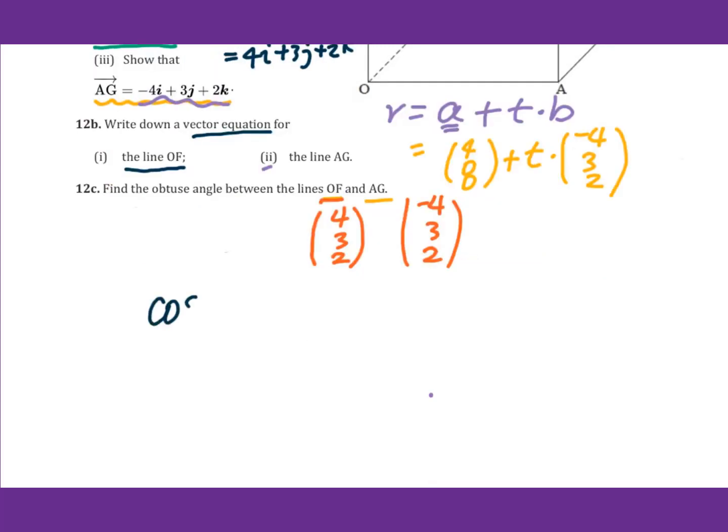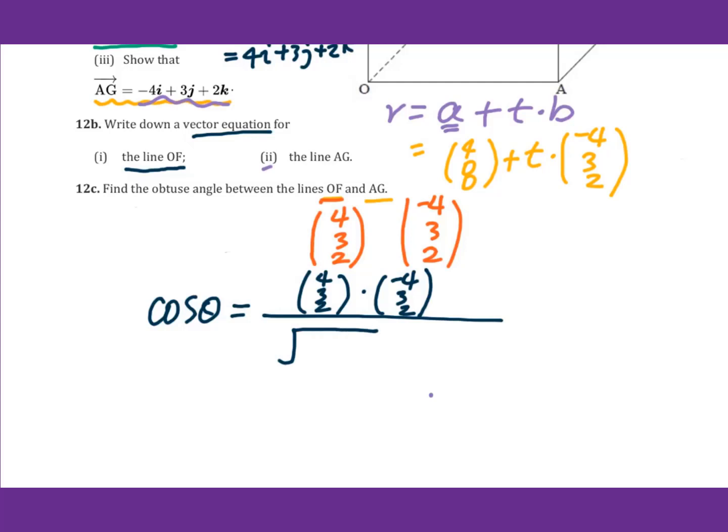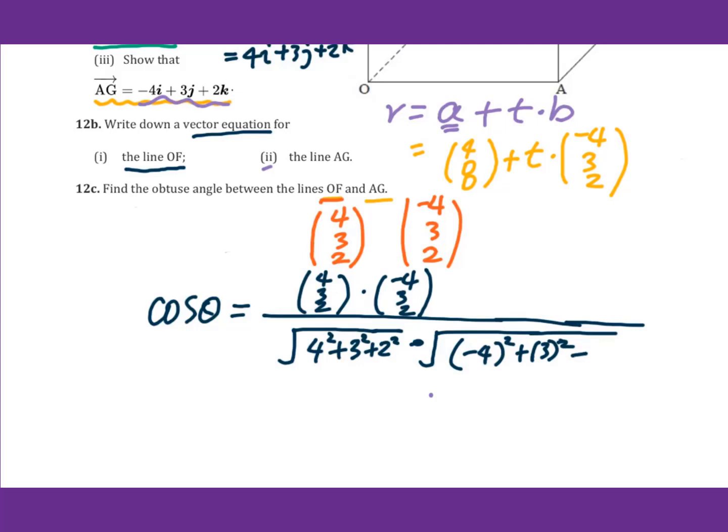Therefore, cosine theta equals 4, 3, 2 dot negative 4, 3, 2, over square root of 4 squared plus 3 squared plus 2 squared, times square root of negative 4 squared plus 3 squared plus 2 squared.